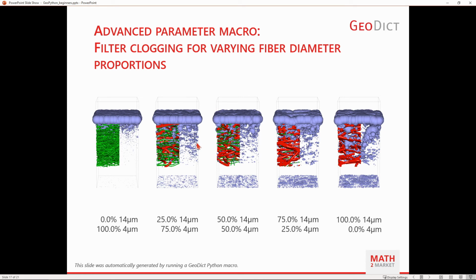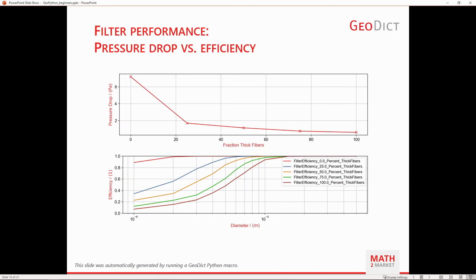It's only for visualization. Structure is still there in total, but you can only see half of the structure. So you can see with more and more thick fibers, more and more particles go through, as would be expected.